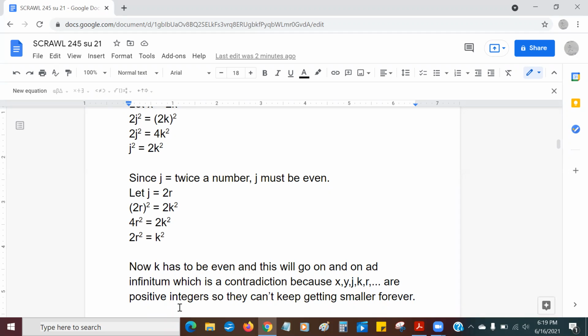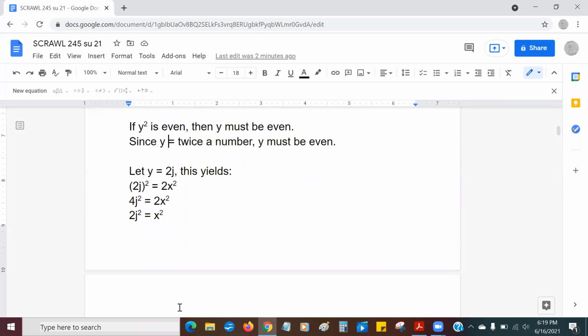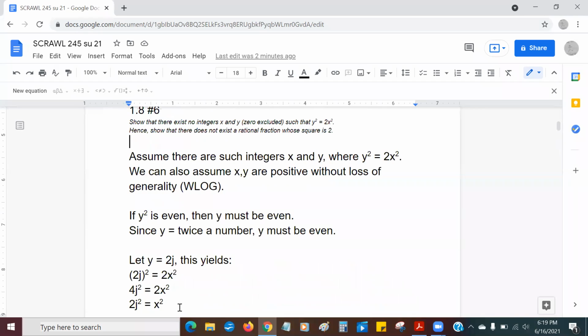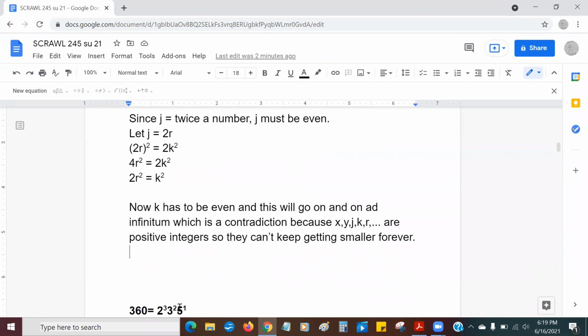Positive real numbers can get smaller and smaller ad infinitum and still stay positive, but not integers. So it's a contradiction, which means our original assumption that there were two numbers x and y where y squared equals 2x squared must have been false, and there are no such numbers.